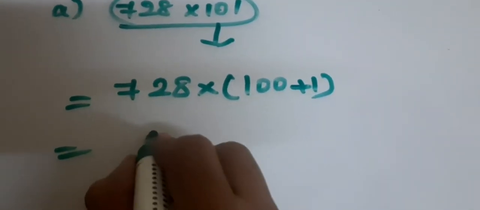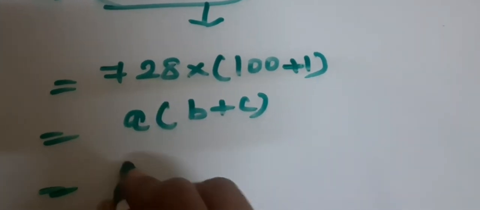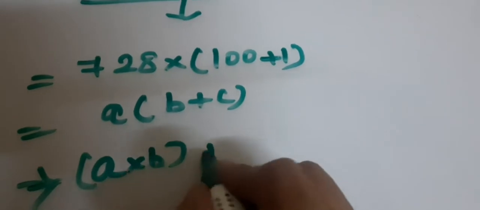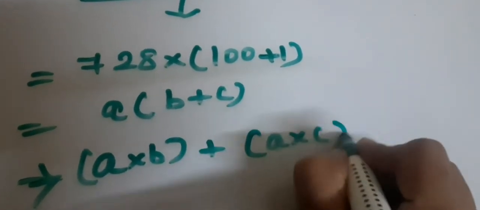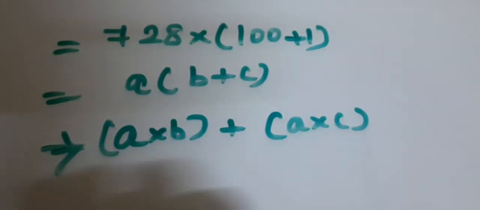This resembles A into (B plus C). So we are going to do A into B plus A into C. We are going to implement the numbers according to the formula.